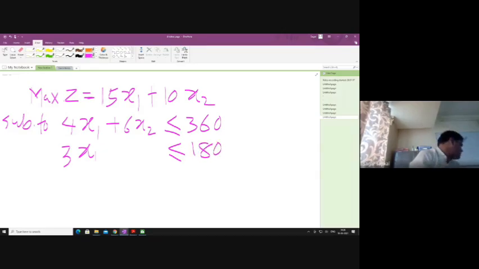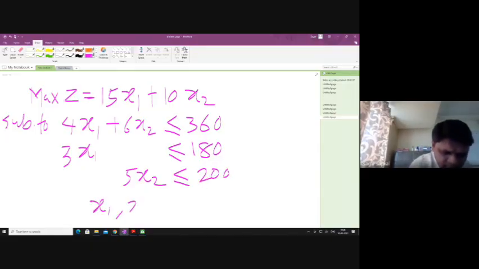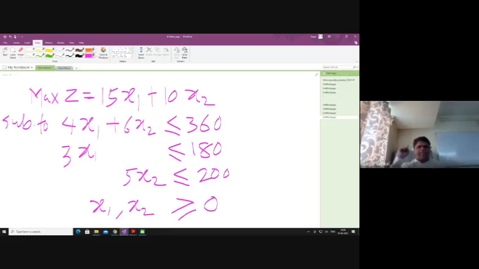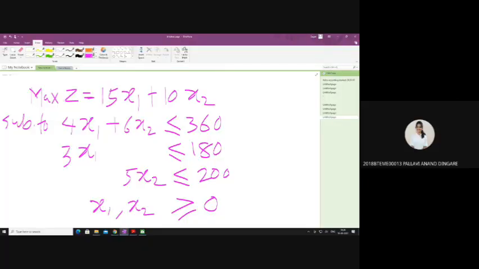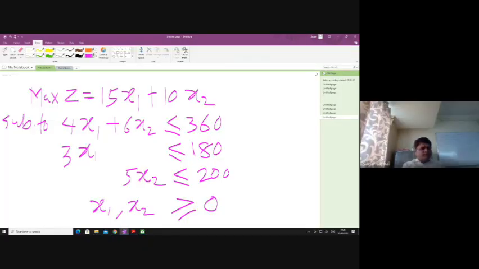There is one more constraint, 5x2 is less than or equal to 200. And there is the non-negativity condition, x1, x2 greater than or equal to 0. Can you solve this by using graph paper? Yes, sir. Solve it now.